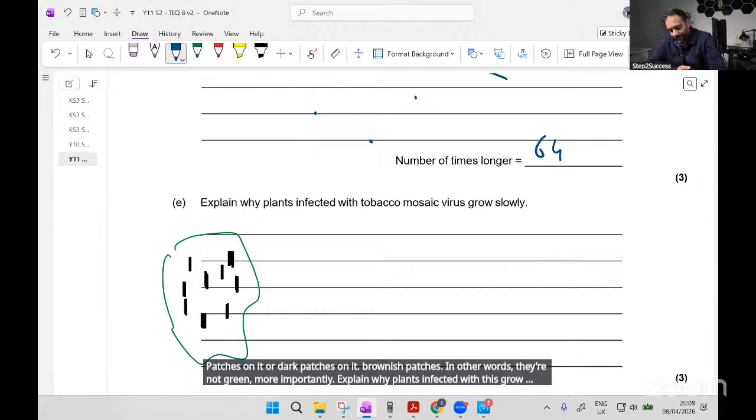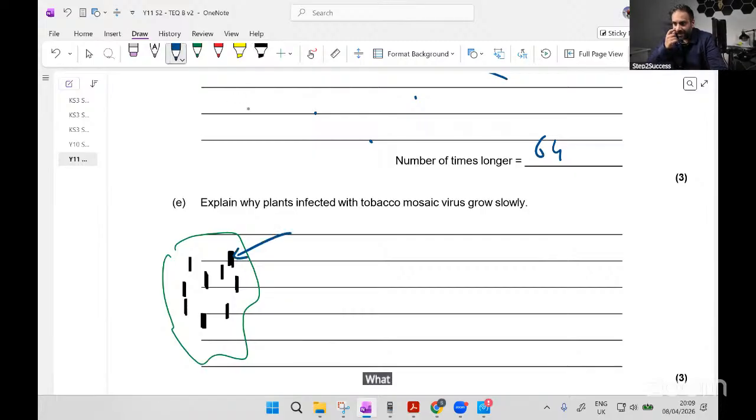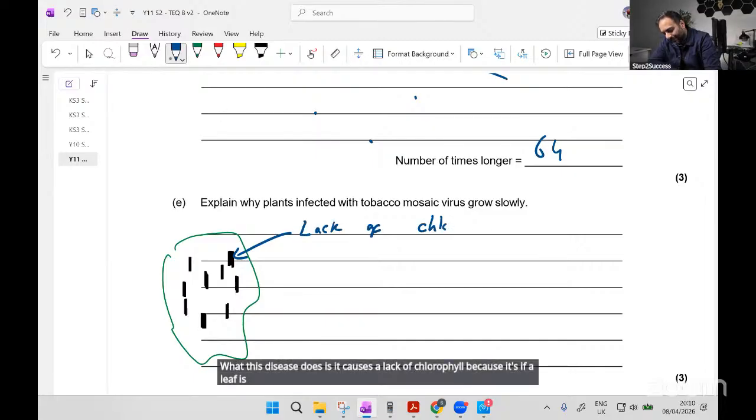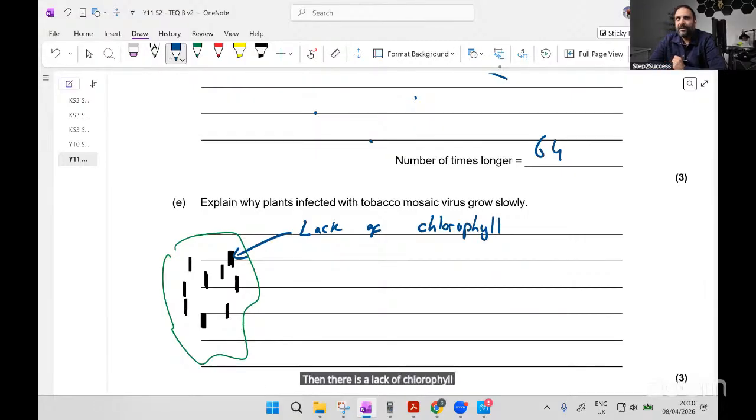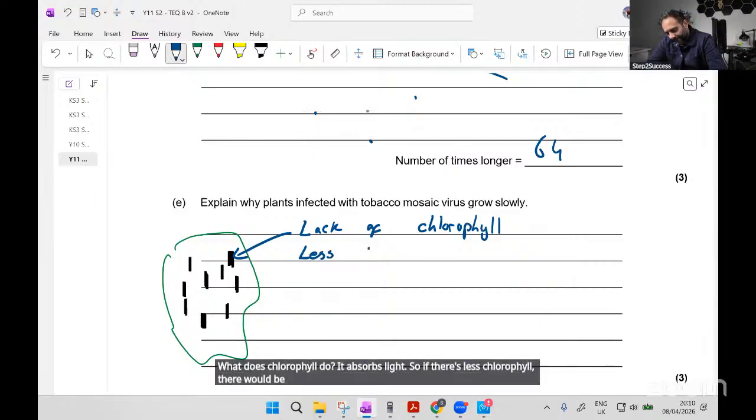Well, what this disease does is it causes a lack of chlorophyll, because if a leaf is not as green as it should be, then there is a lack of chlorophyll in that leaf. What does chlorophyll do? It absorbs light. So if there's less chlorophyll, there would be less light absorbed. Why is it absorbing light?